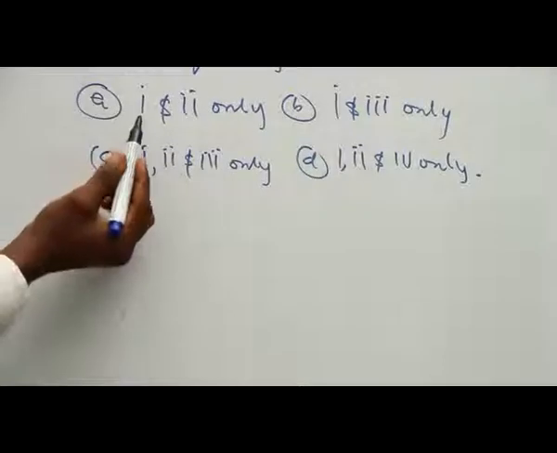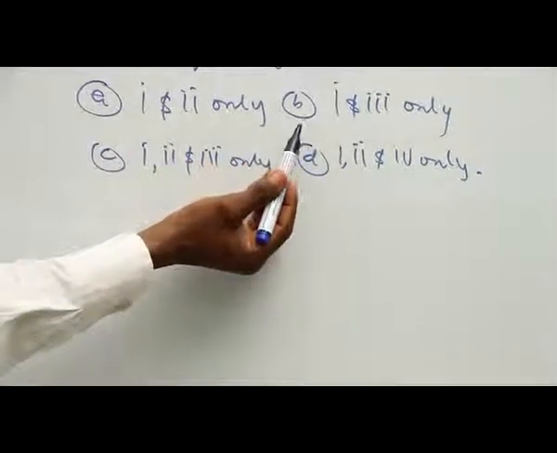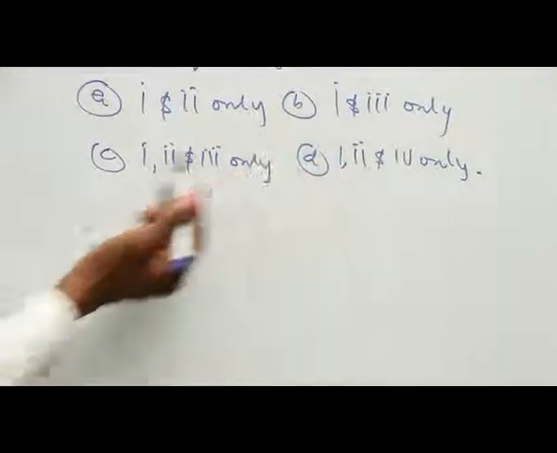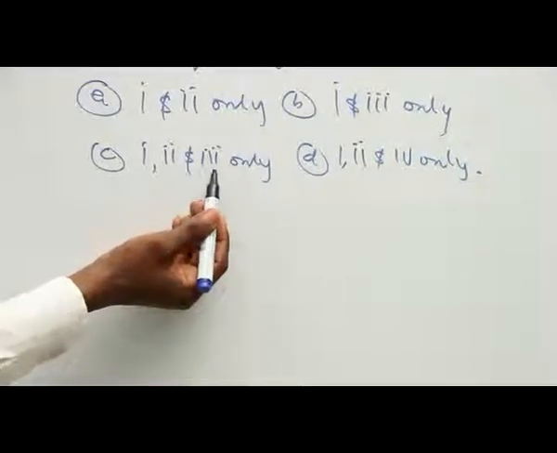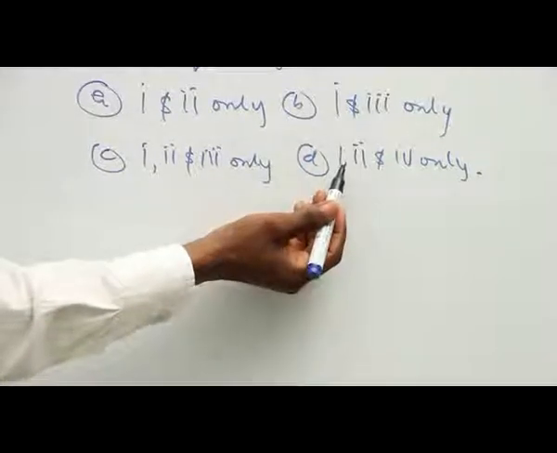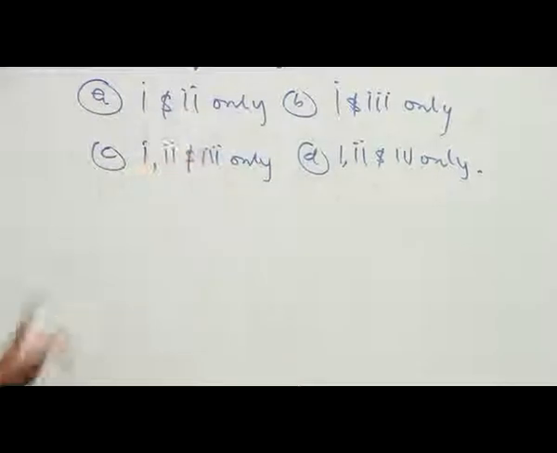A. Roman figure 1 and Roman figure 2 only. B. Roman figure 1 and Roman figure 3 only. C. Roman figure 1, Roman figure 2 and Roman figure 3 only. D. Roman figure 1, Roman figure 2 and Roman figure 4 only.